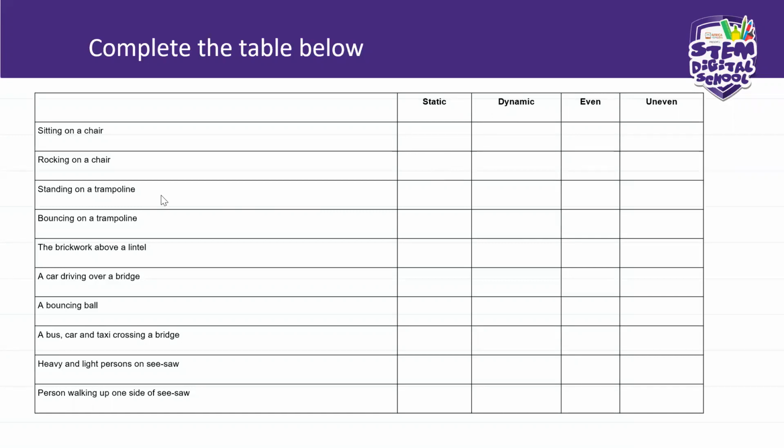Okay, standing on a trampoline. When you're standing on a trampoline, is it static or dynamic? Standing. It is static when you're standing on a trampoline. Correct, Kelly?